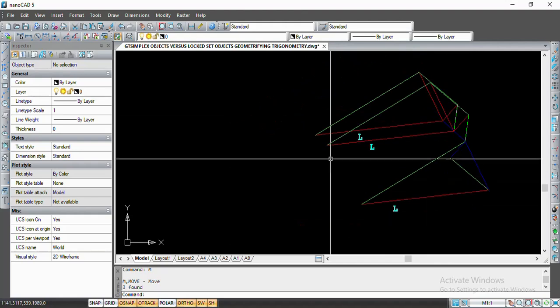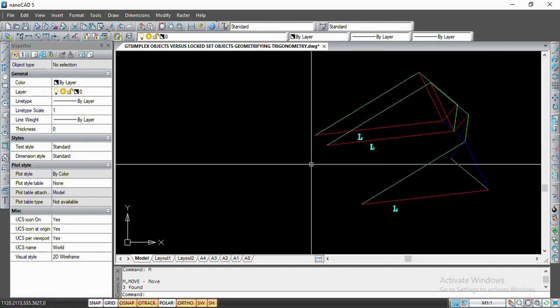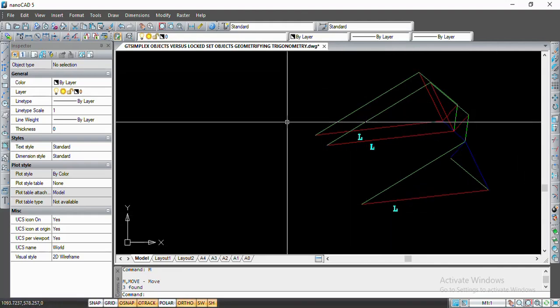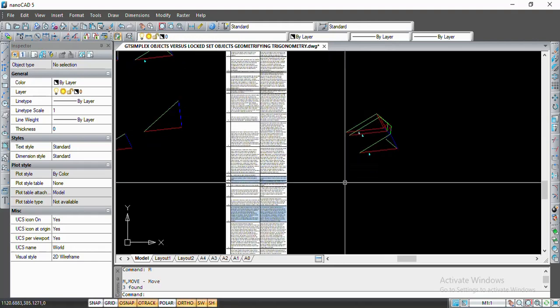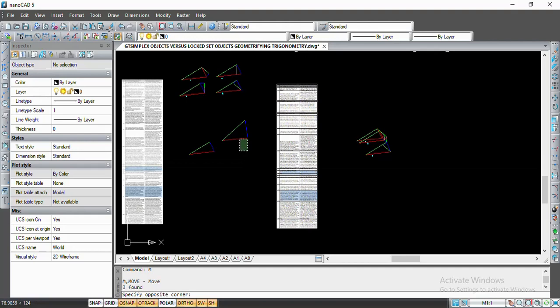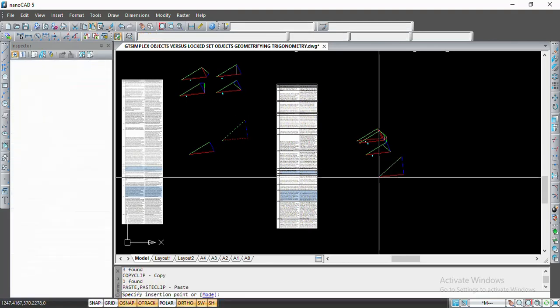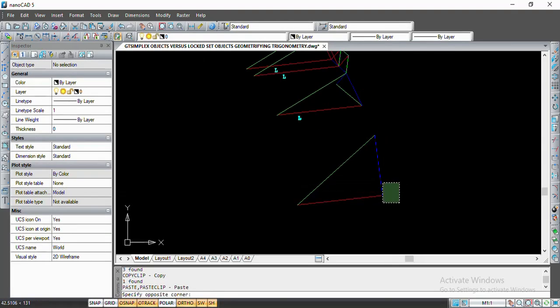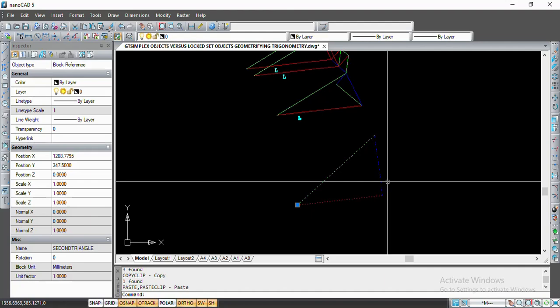Then the whole thing is forming a locked set. So the whole thing is a locked set. We cannot say that any single thing is a locked set. These kinds of behaviors are found in the locked sets, and we can add many other things to these locked sets, and every one of these operations has a significant meaning.